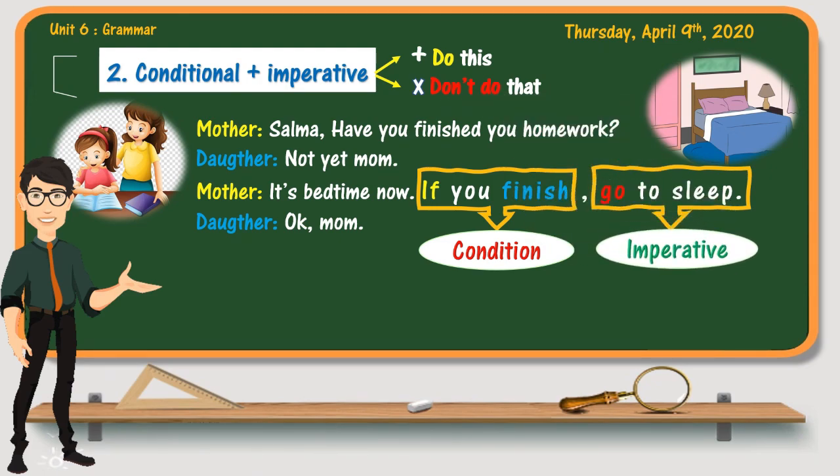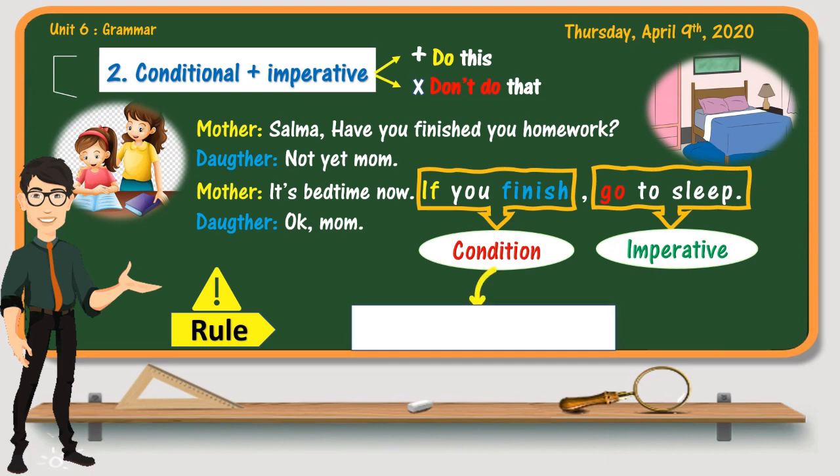So now I would like you to notice and pay attention to the verb forms used. Within the if part, the verb form is in the simple present. And then in the result part, the verb form is in the infinitive, or we'll call the imperative form, which is usually the infinitive form.